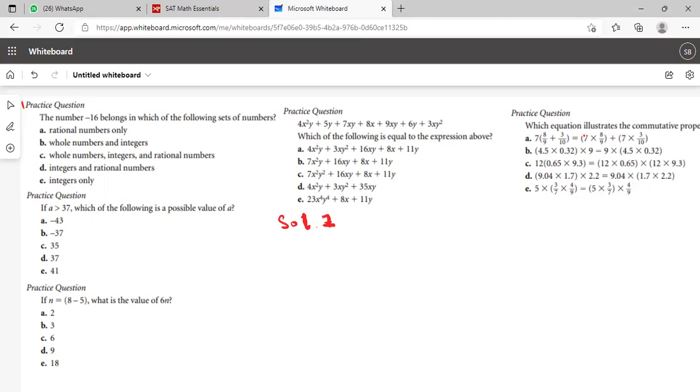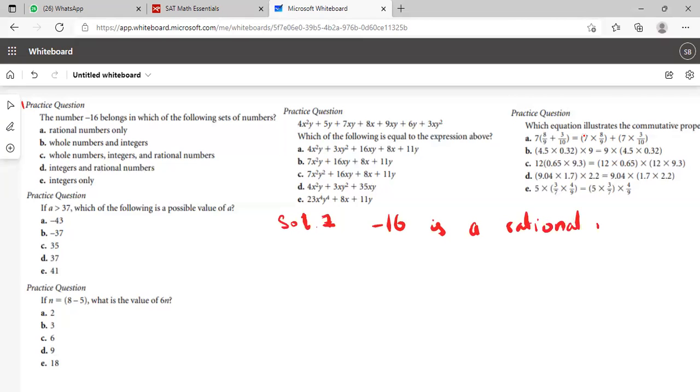Okay, so I told you when we were discussing rational numbers, any number which can be written as a fraction, terminating decimals or repeating decimals, it is a rational number. And then we said that every integer is a rational number as well, okay? The answer is not A, obviously, but you should know that minus 16 is a rational number.